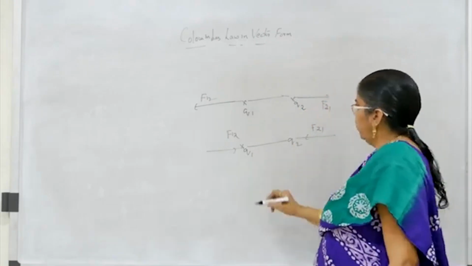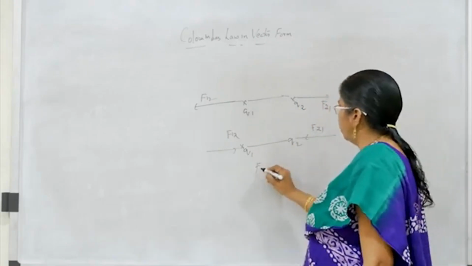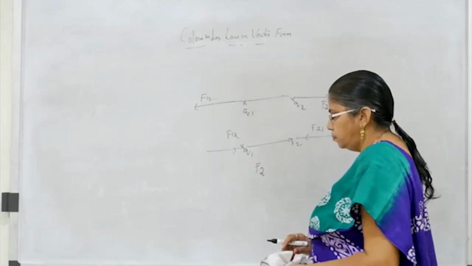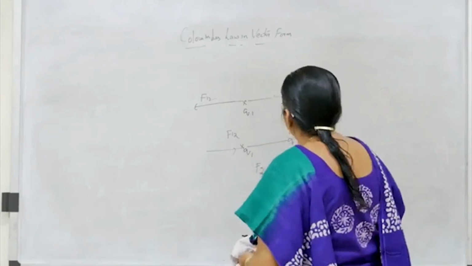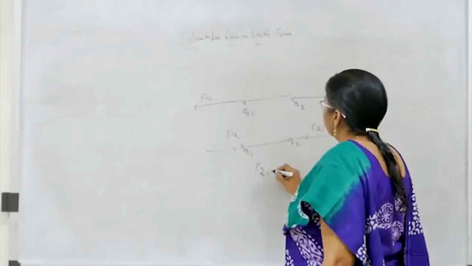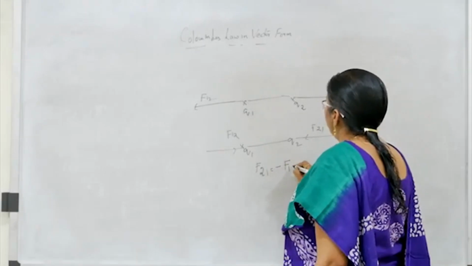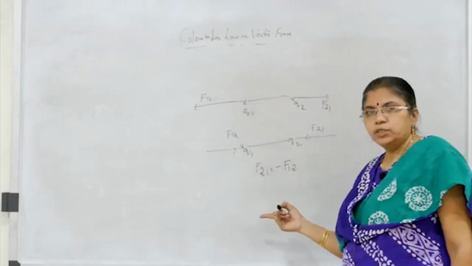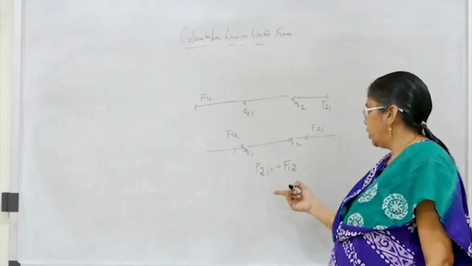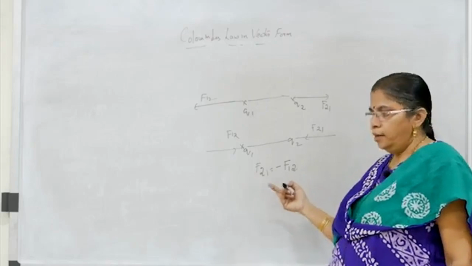So at that time, F21 is equal to minus F12. So this satisfies Newton's third law: every action has an opposite and equal reaction.